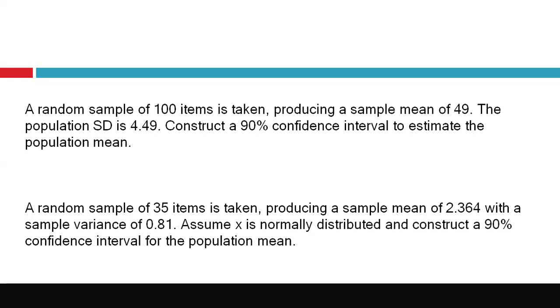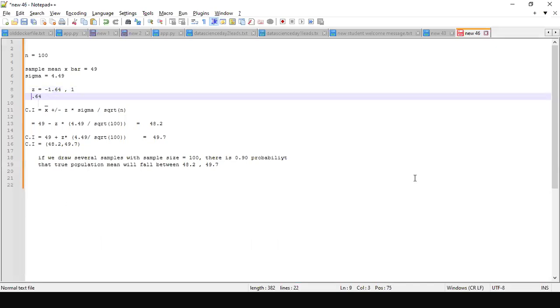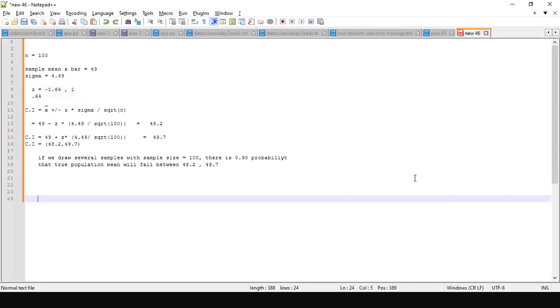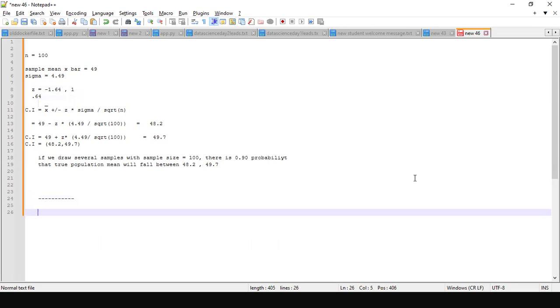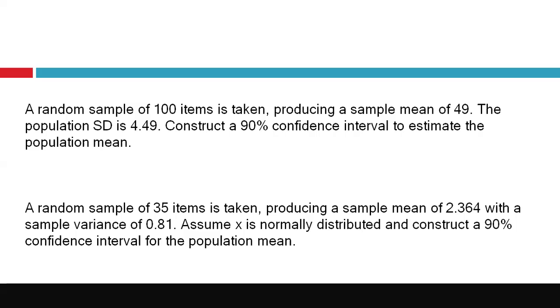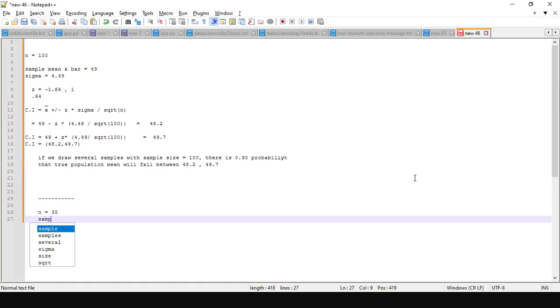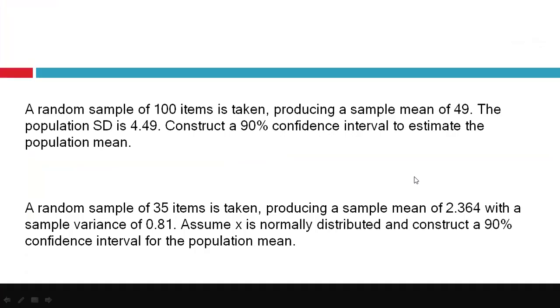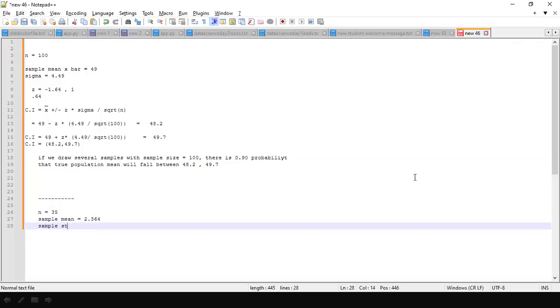Sample size is 35, I just write it here. The next problem is n equal to 35 and sample mean is equivalent to 2.364 and sample standard deviation is equivalent to 0.81.